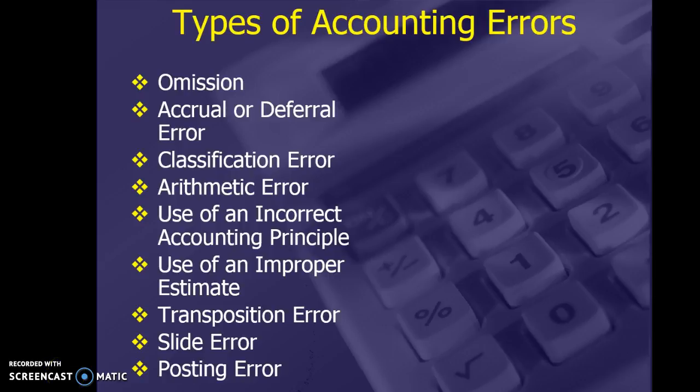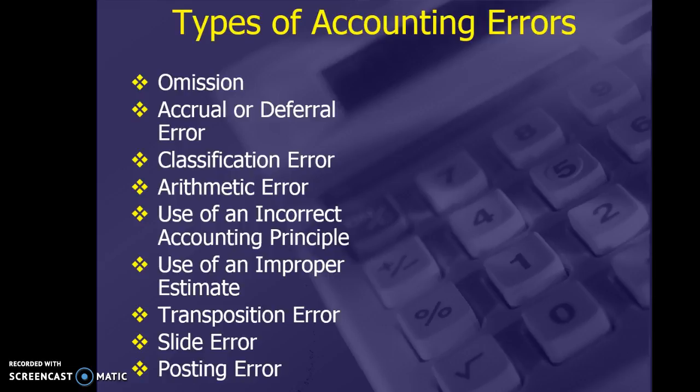All right, moving right along. Use of an improper estimate. In accounting, we use estimates for quite a few different areas in order to comply with GAAP and report revenue and expenses at the appropriate times. So when we use an estimate to calculate a number to place in our financials, maybe we misestimated, if that's a word.